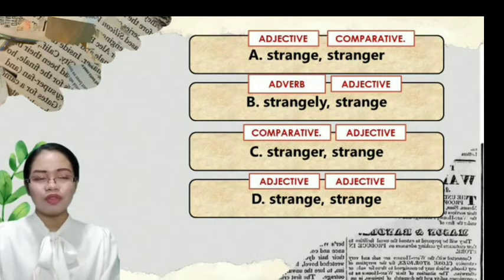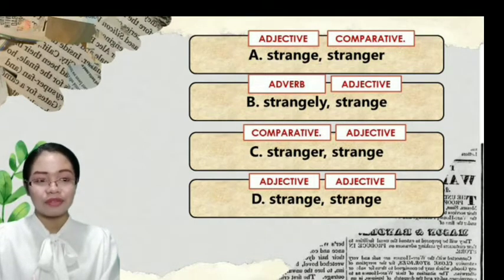Again, you have to put in your minds that we are looking for two adjectives. Strange is an adjective. Meanwhile, stranger is the second degree of comparison of the adjective, which is a comparative one. So stranger is not applicable. So letter A, let's eliminate that. Letter B, strangely and strange.